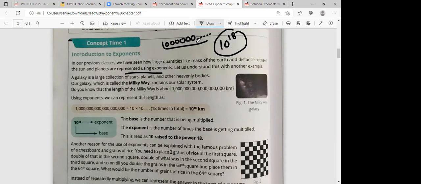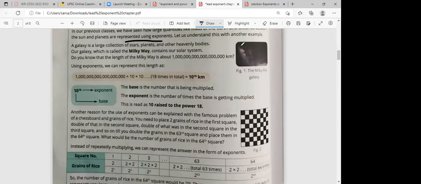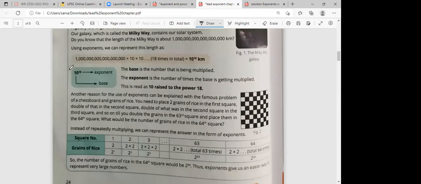Now, this is 10 raised to the power 18. So basically this number is your base and this number is your exponent. Clear?